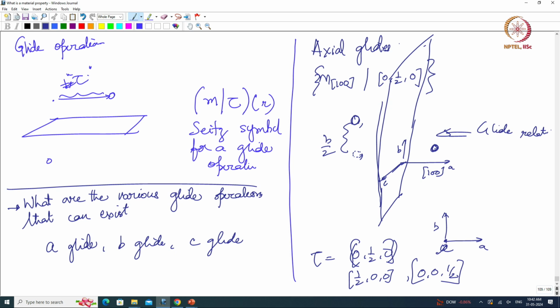If the mirror is about 1 0 0, I do not have a glide along 1 0 0, rather I have a glide along 0 0 1 or 0 1 0, and this is the B glide or C glide. The magnitude of the glide is half the lattice vector, right. So it is 0 half 0 or half 0 0 and so on. So that is what is called an axial glide.